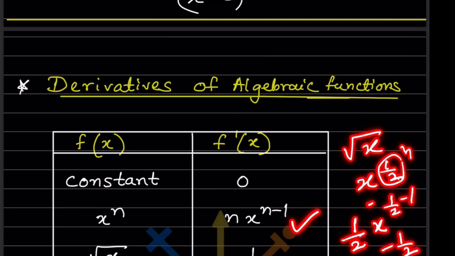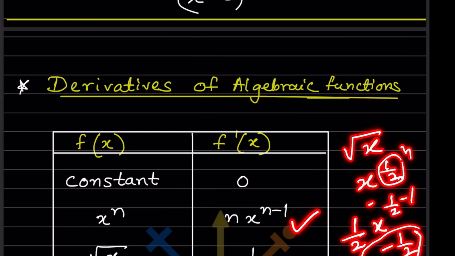So this is half x raised to minus 1 by 2. If I want to remove the negative sign, I put it in the denominator, where it becomes positive. So that will be half, and x raised to 1 by 2 means root of x, but that is in the denominator.